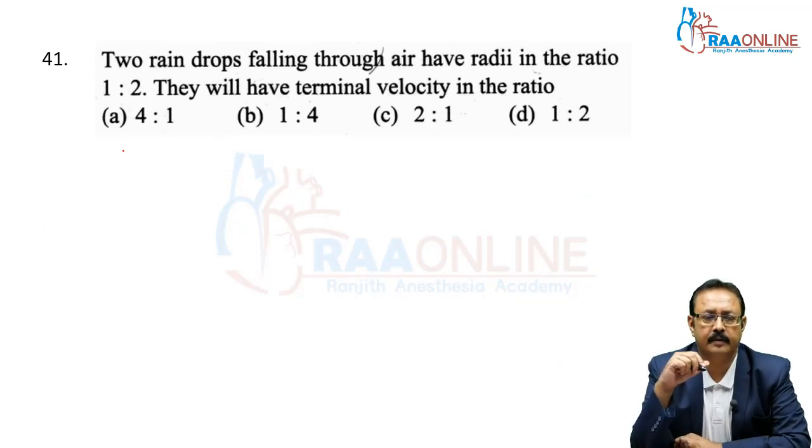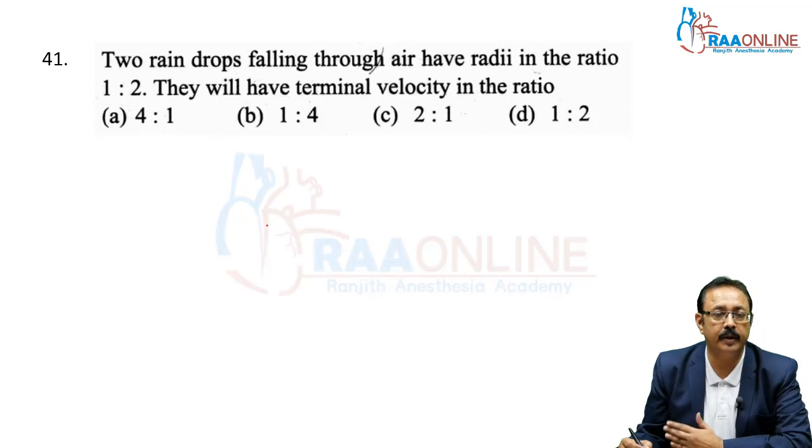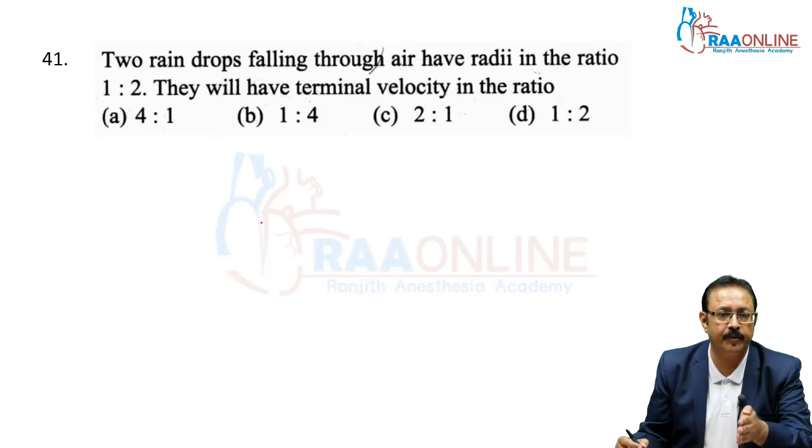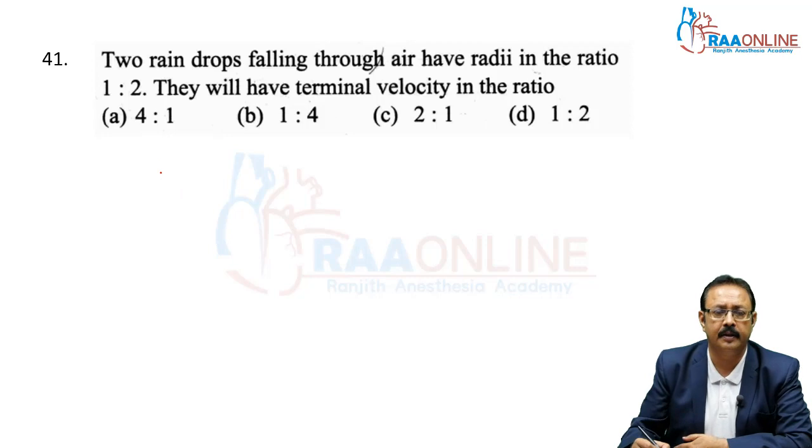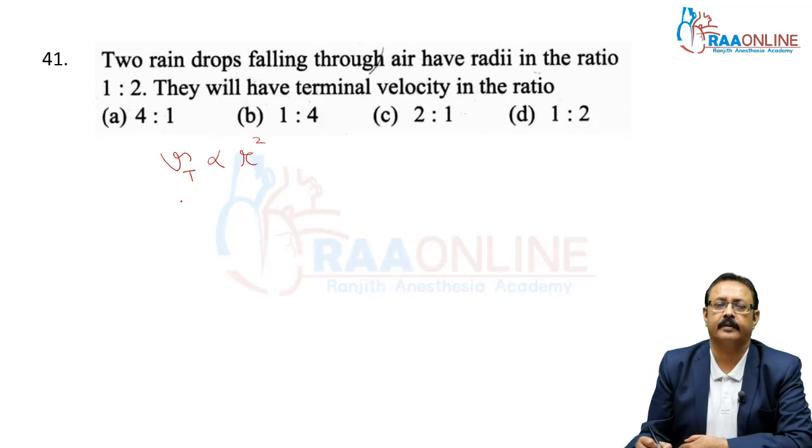41st. Two raindrops falling through air have radii in the ratio 1:2. They will have terminal velocity in the ratio? I told you in the slides before starting the questions of the crash course that terminal velocity is directly proportional to radius square. It means terminal velocity upon radius square should be constant.